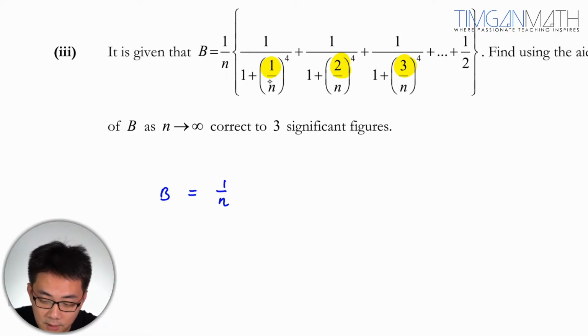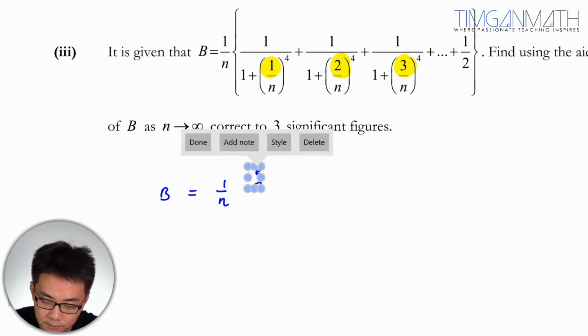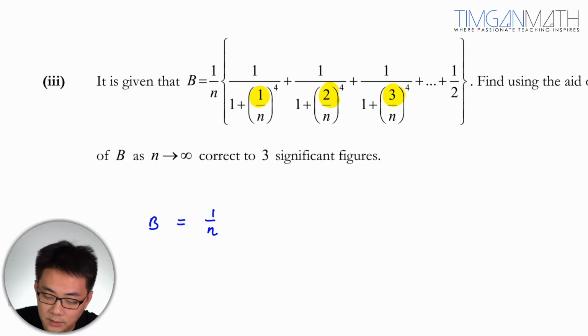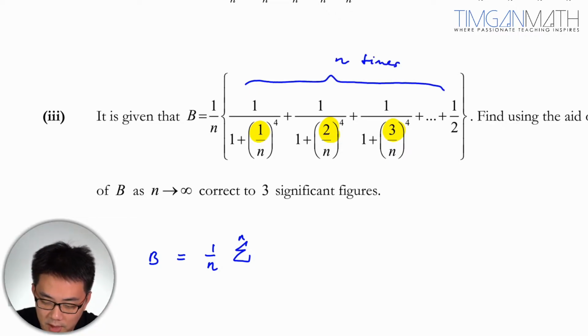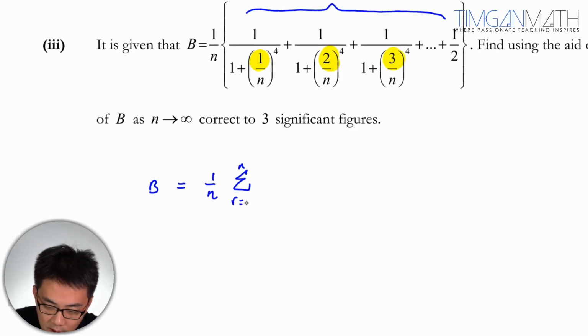But here, what I can write down is, if n is a constant, this would just be, let's say, k, or r, or n, because you have n terms here. n times. So this is n. And you start off with 1 and end with 1 here.